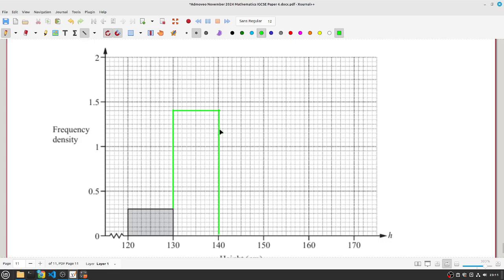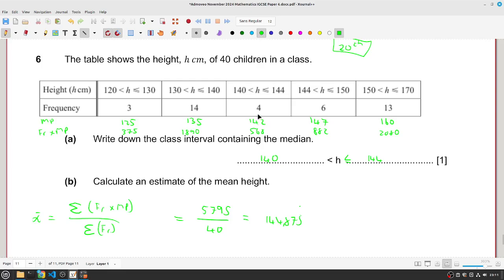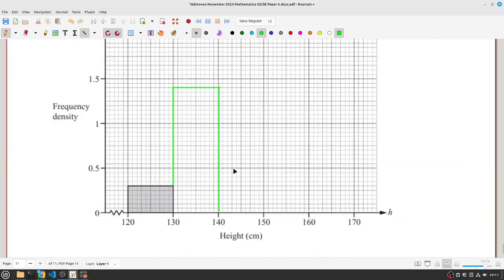Now let's do the next one. The next interval is from 140 to 144, a gap of 4, and 4 divided by 4 is 1. So this one goes up to 1, up to 144.